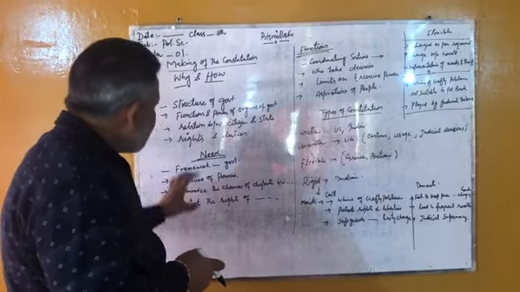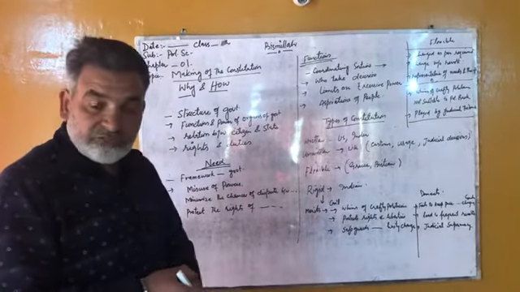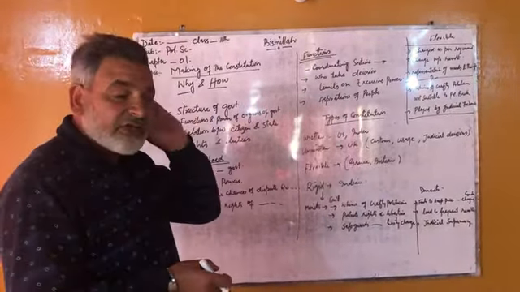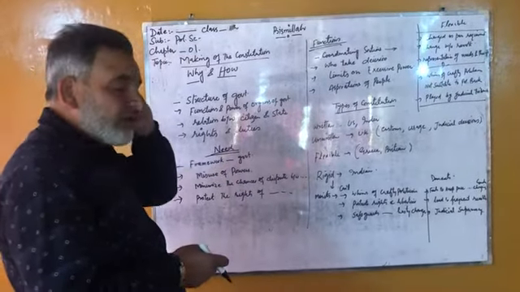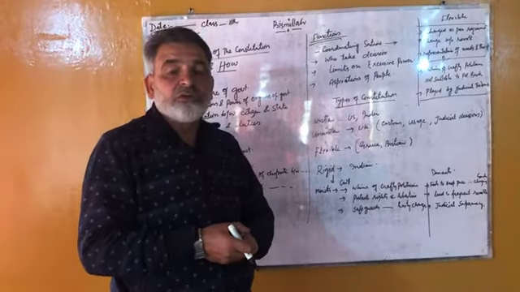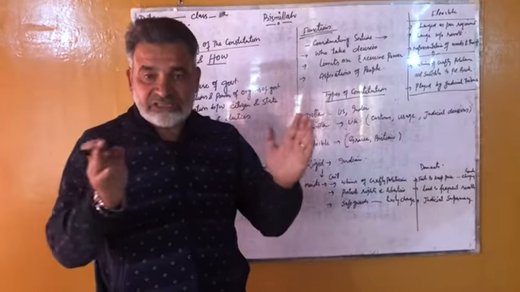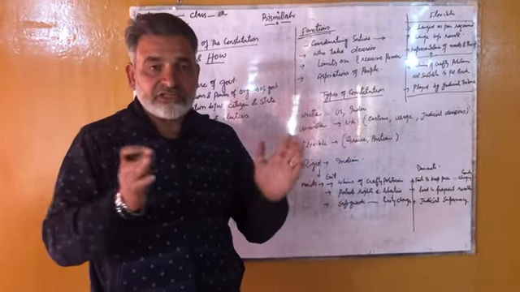Likewise, we need its functions. We would like to know what the functions of the constitution are. We need a constitution here to coordinate among the different sections of the society.